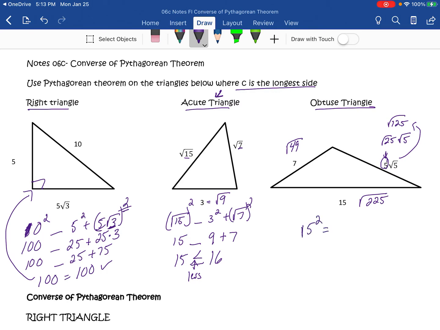So I would set this up: 15 squared is what to 7 squared plus (5 radical 5) squared.